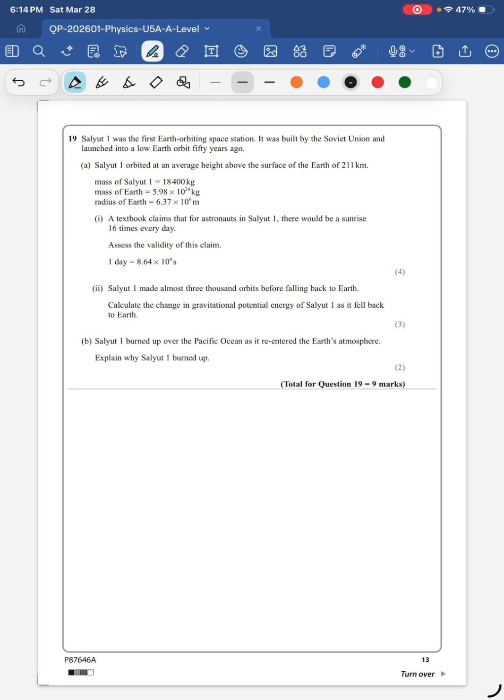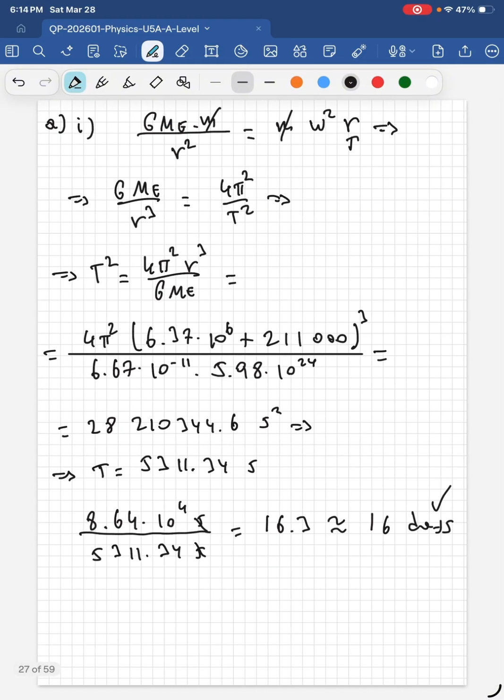And then B, Salyut 1 burned up over the Pacific Ocean as it re-entered the Earth's atmosphere. Explain why Salyut 1 burned up. So basically, this is a simple answer.